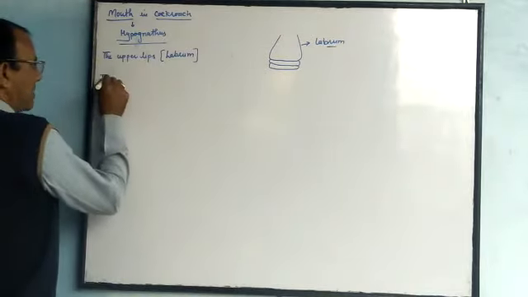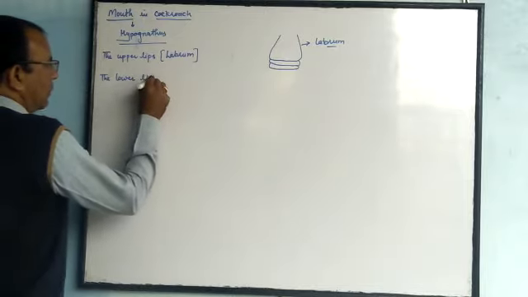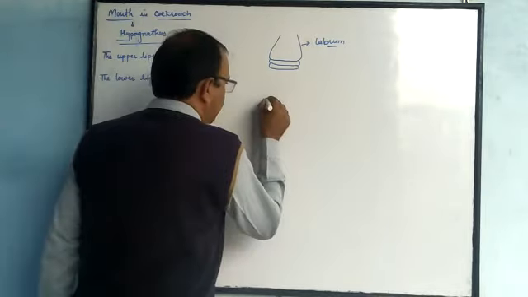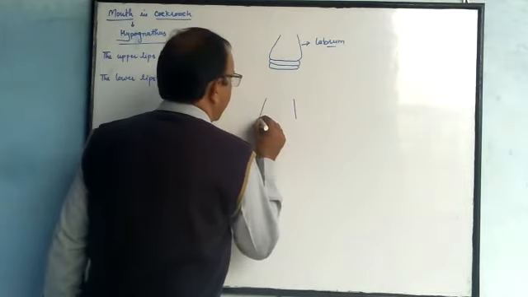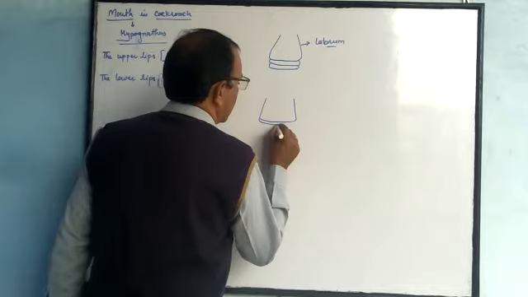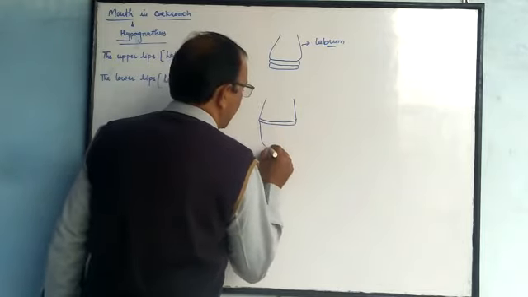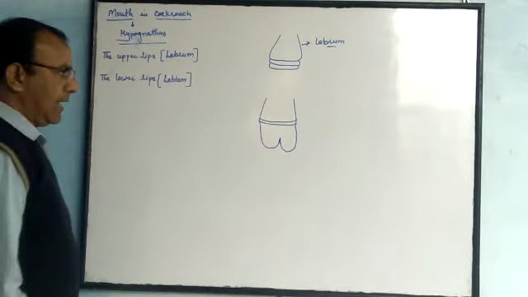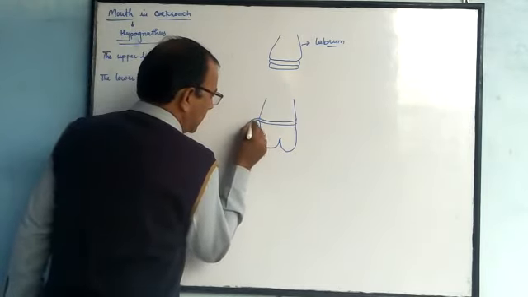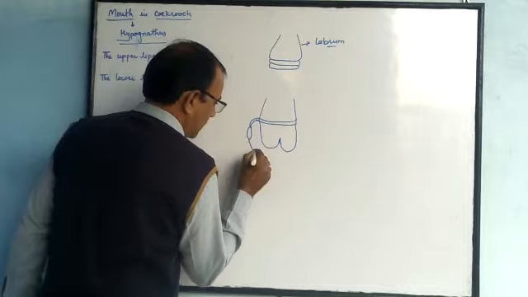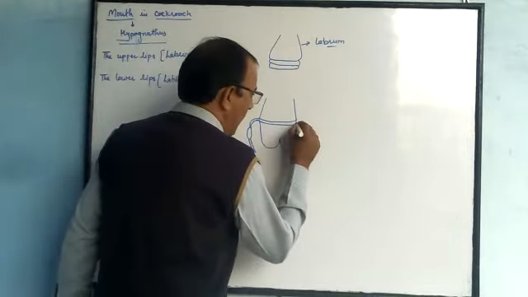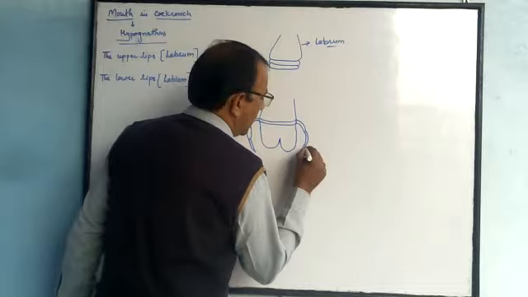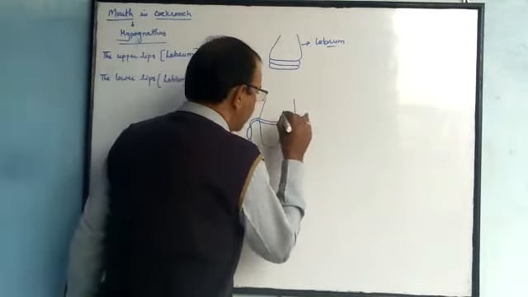The lower lip is known as the labium. The lower lip is also a wider part, which contains groove-like structures, and it also contains segmented labial palps.